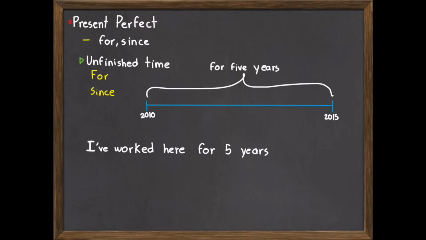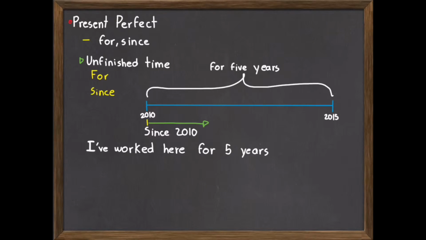Now what about since? Since would indicate a point in time, not a duration. For example, 2010. And it would indicate the beginning of the time we're talking about. So we could say that since 2010, I've worked here or I've lived here.